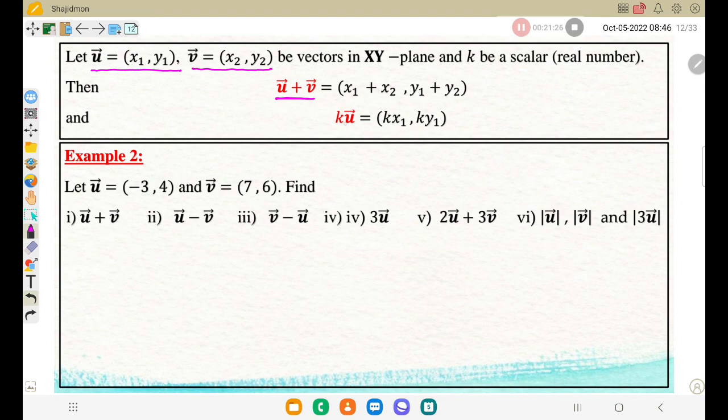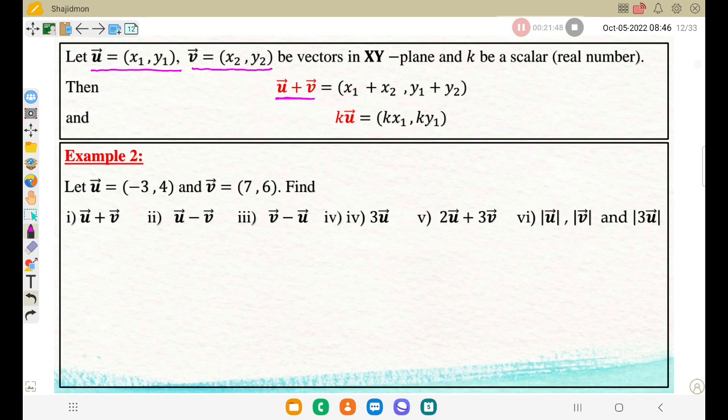And k multiplied by vector u means a number multiplied by a vector: multiply each number in the ordered pair, (k x1, k y1). Adding means x numbers add, y numbers add.